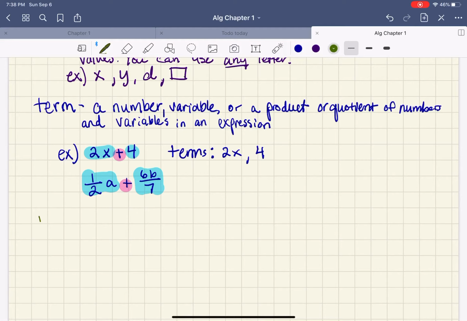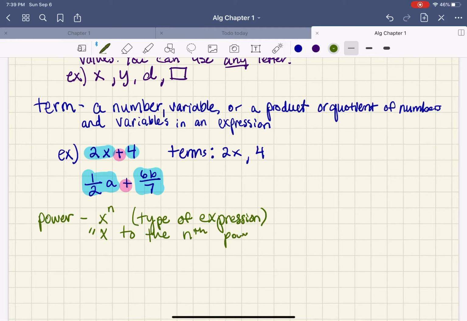You've heard this one before. This is power. And that is when you have an exponent. It is a type of expression. And how you translate that in English is x to the nth power. All right.